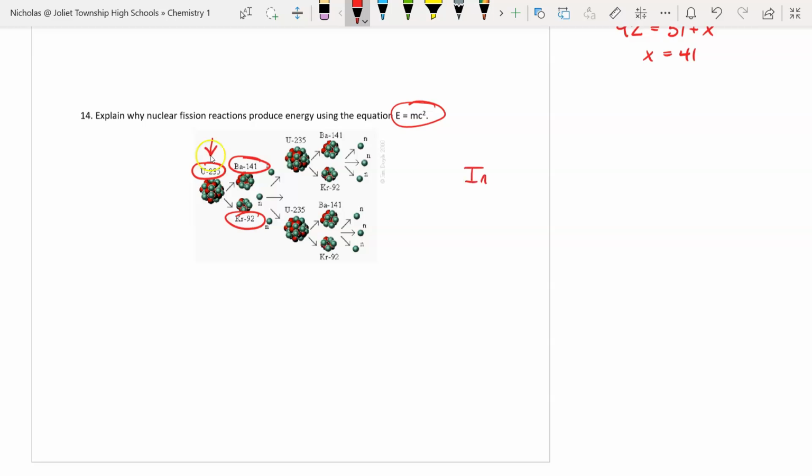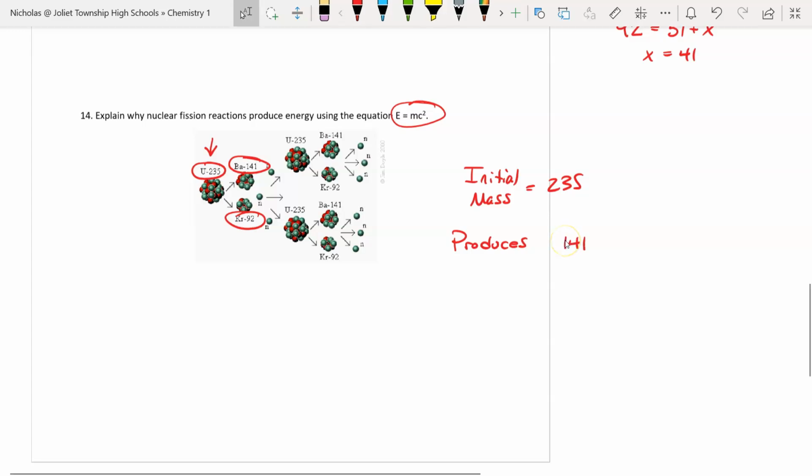So initial mass is 235, okay? And then when we look at what's produced here, we've got a mass of 141, and then we also have a mass of 92.